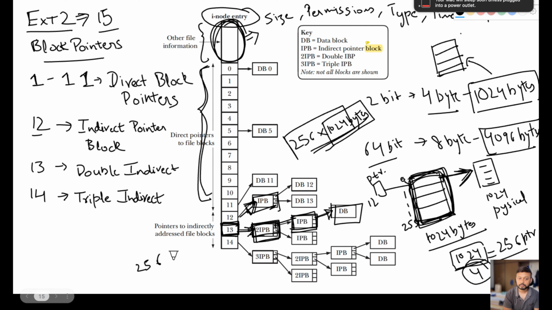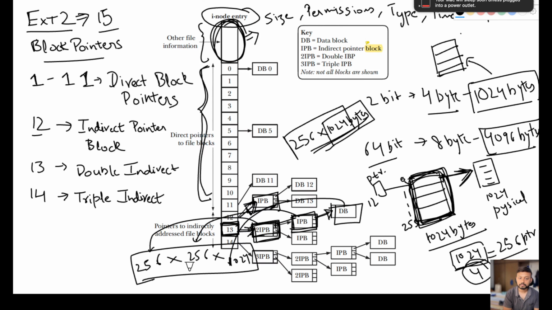256 is the number of pointers that we can store on this page. 256 is again the number of pointers that we can store on this page, and the last physical page is of 1024 bytes. We can store an enormous size of file with this double indirect pointer.